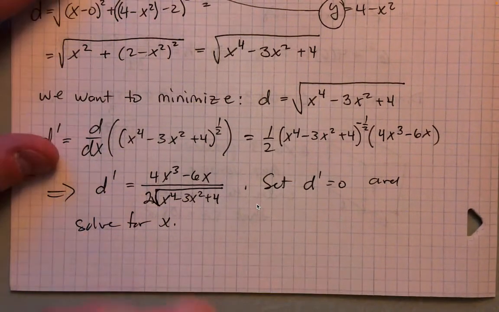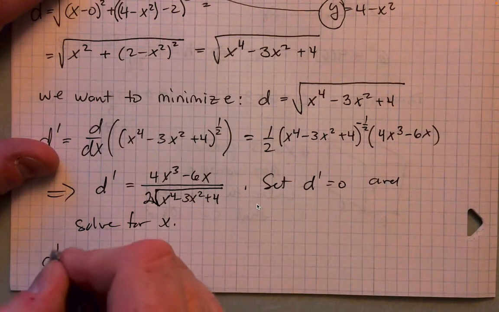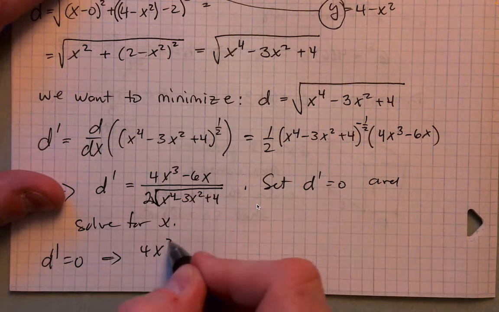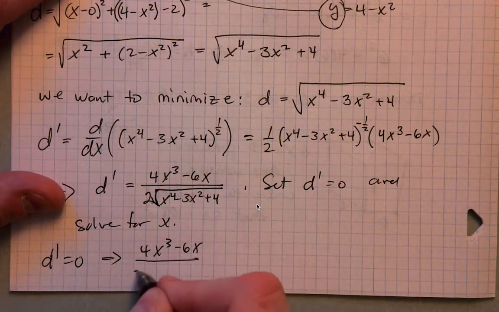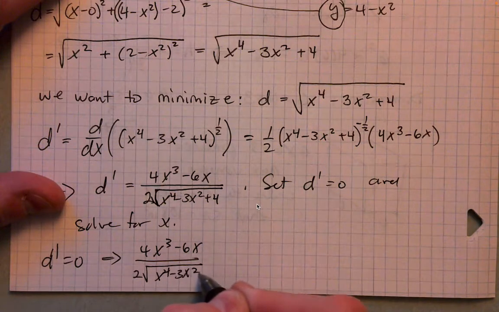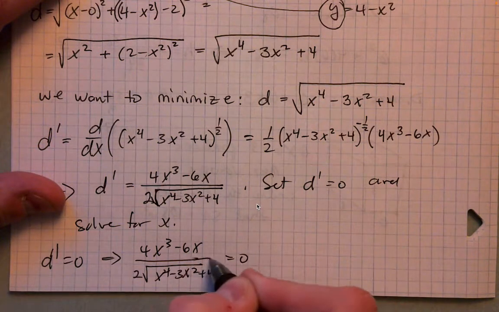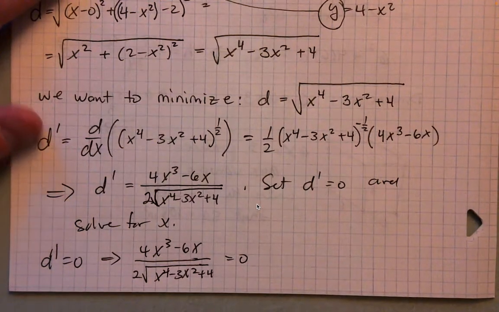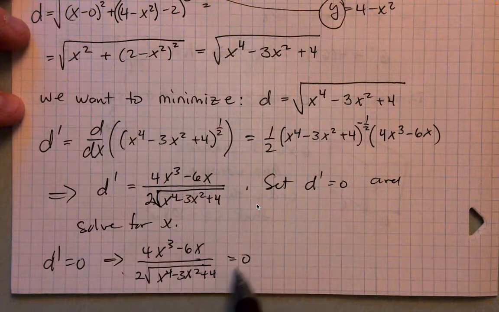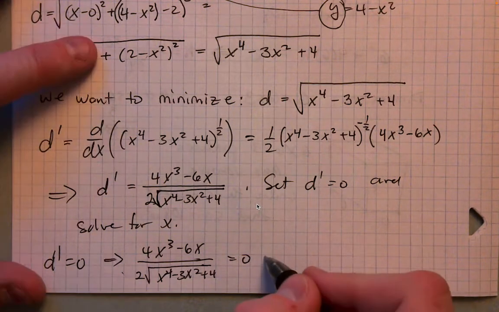So d prime equals 0 implies that this is equal to 0. If we multiply both sides by this denominator, this side cancels out, and over here it's still just 0.